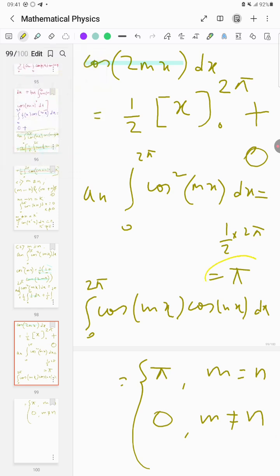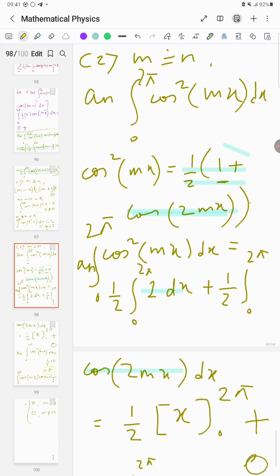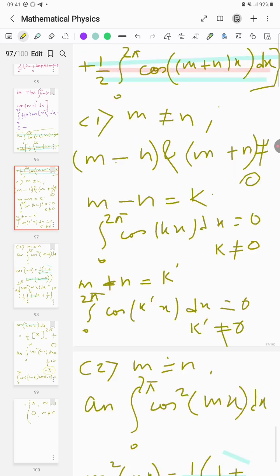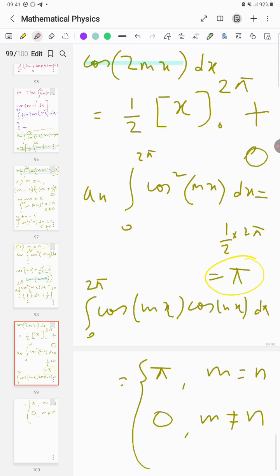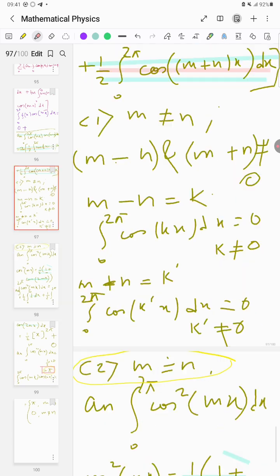See, we got pi when our case was case 2. I'll highlight it the best way. Wait, let me change the highlight color to red. Alright, so now look at it. We got pi when our case was m equals to n, right?